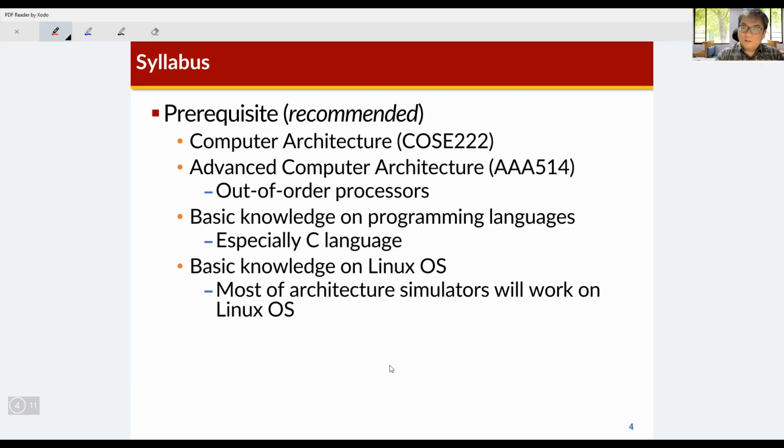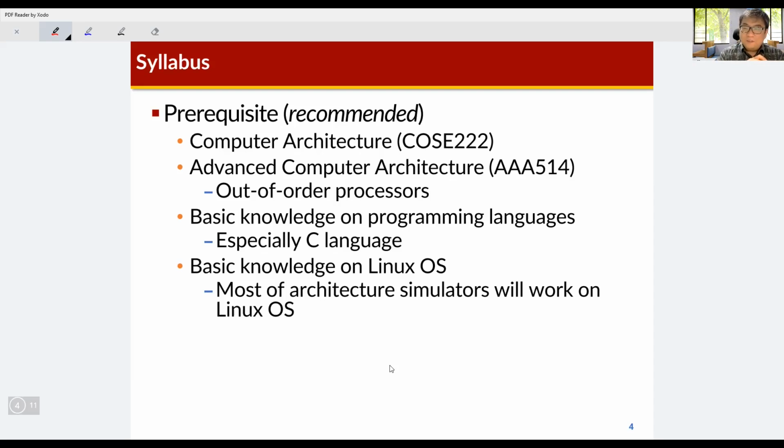Also, last year I taught the advanced computer architecture course, AAA 514. In this course, I taught the out-of-order processor architecture and some related research topics in the CPU.